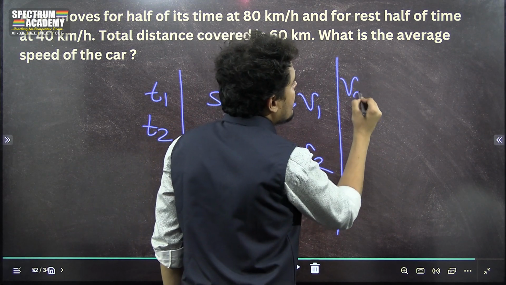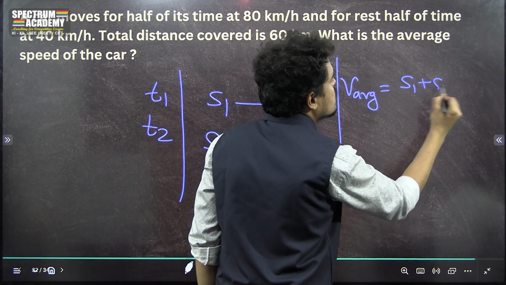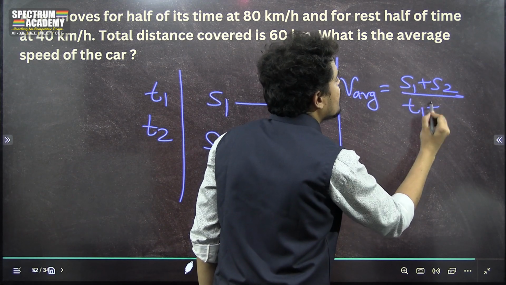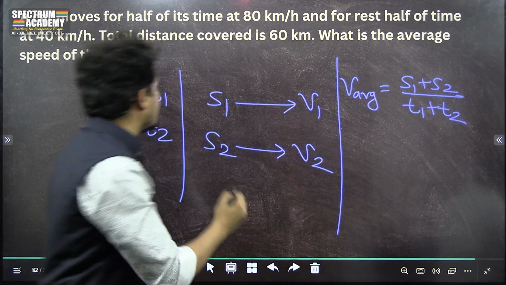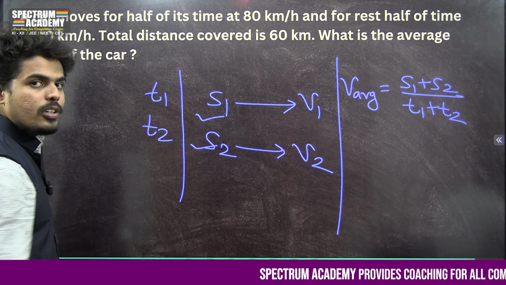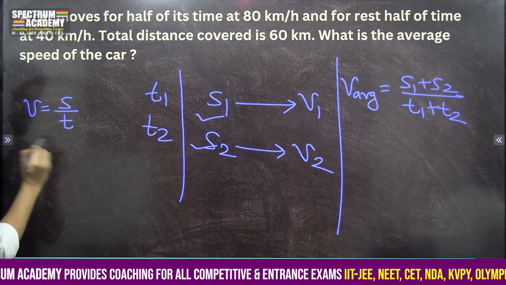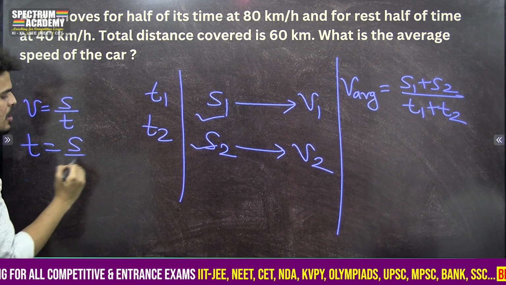Now you know v average is total distance, means s1 plus s2 upon total time t1 plus t2. Now we know s1 and s2, but we don't know t1 and t2. So how to find t1 and t2? Again, speed equals distance upon time, so time equals distance upon speed.